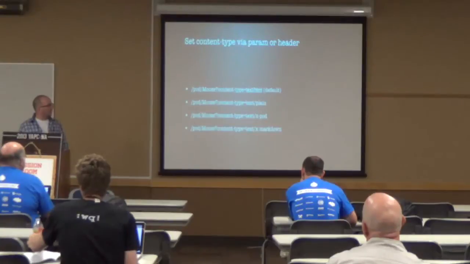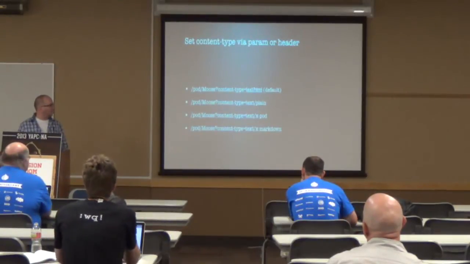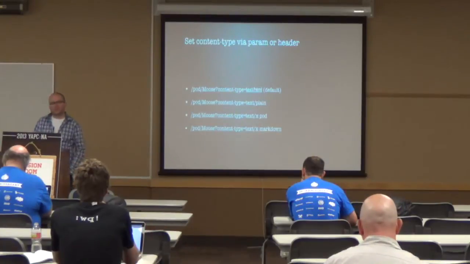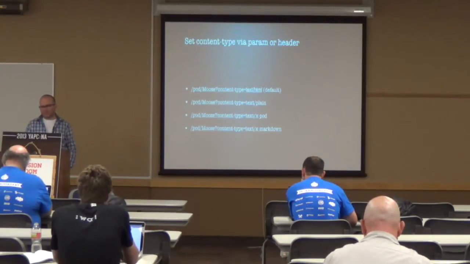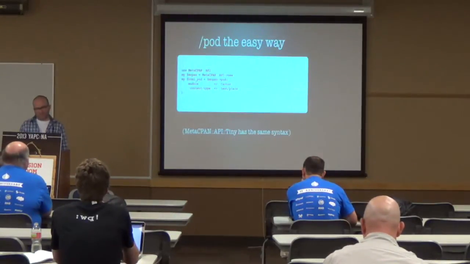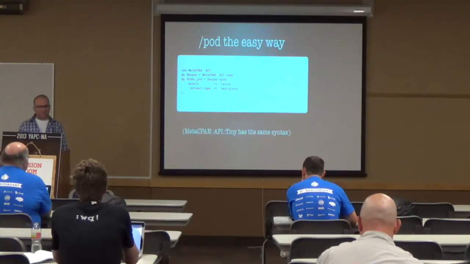We've got x-pod if you actually just want the raw pod. And then we've got Markdown as well. We're open to adding more formats if people need them. That's certainly not a problem. The other way you can do that is by sending a content type header. Whichever way you want to do that is up to you.